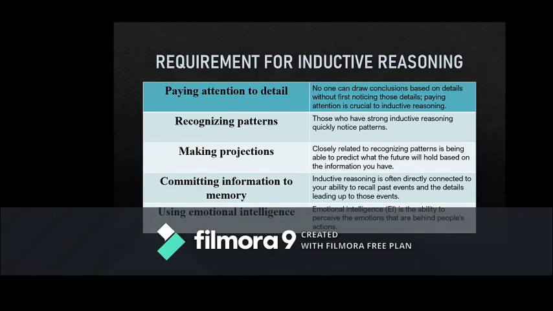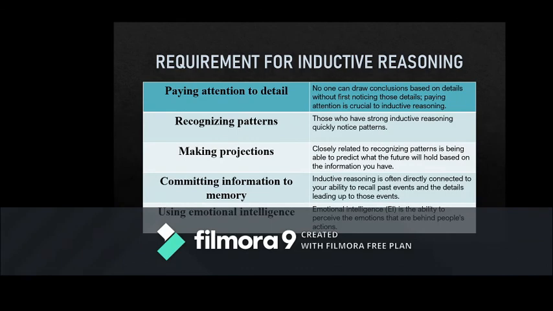Committing information to memory. Inductive reasoning is often directly connected to your ability to recall past events and the details leading up to those events. They say to bolster your memory, take notes so you can reference your observations later on.